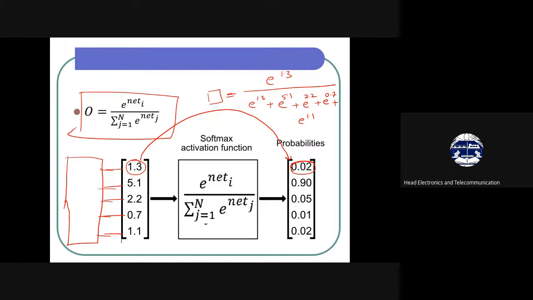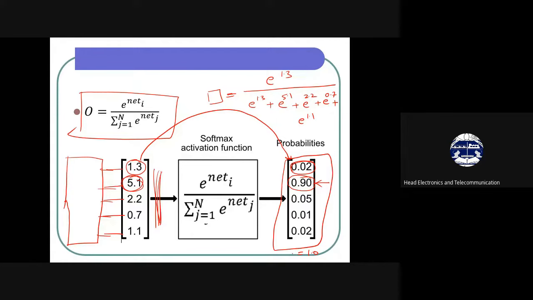You can check this at your end whether this is correct or not. Then you will see that 5.1 is the largest number out of the 5. It is represented by 0.9, so the largest probability. And you can check that the sum of these is equal to 1.0. It looks very similar to the probability of an event.